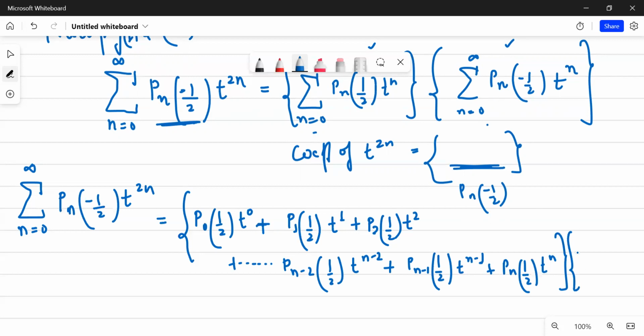So if you replace this, so P0 minus half t0, then I have P1 minus half t की power 1, and then instead I'll write only two terms, जिससे कि थोड़ा सा जगह की constraint है. I should have written it in nice manner there also. चलो कुछ बात नहीं, इसको थोड़ा आगे खिसका देते हैं.